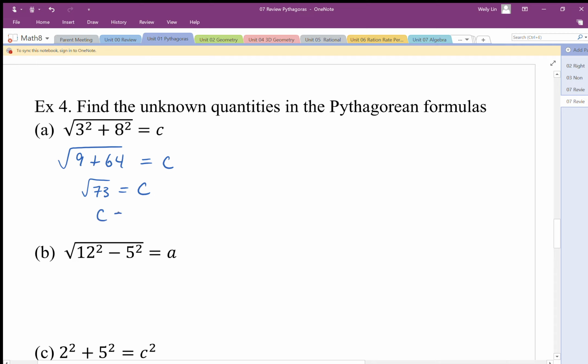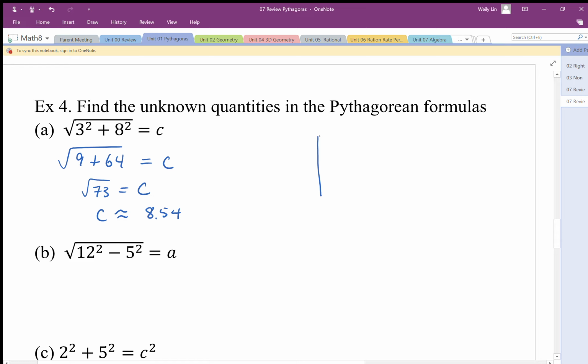We can leave our answer like that, or we can work out the decimal value. Sometimes we need to know the decimal value too when we're doing measurement. So square root 73 works out to be approximately 8.54. Here the 9 and 64 represent areas, 73 represents area, C represents side length, and the 8 and 3 represent side lengths as well.